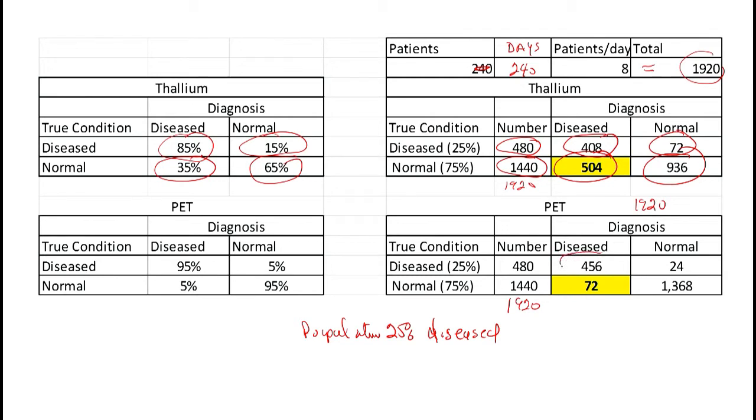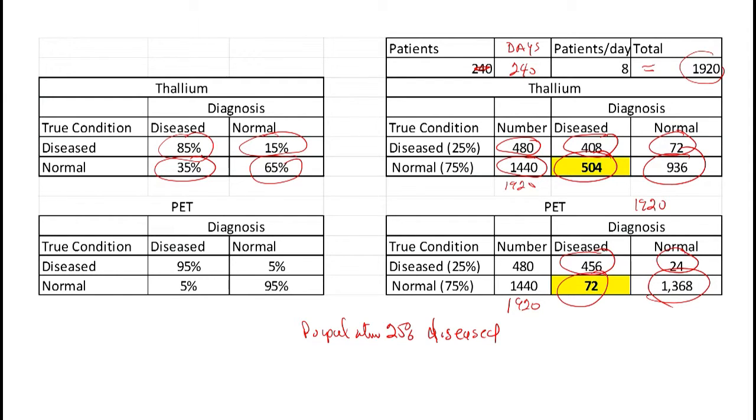The PET scan is going to diagnose 456 patients as being diseased correctly, and 24 people are not going to get scanned who probably should. On the other hand, out of the 1,440, it's going to diagnose 1,368 correctly as being normal, and only 72 are going to wind up having a scan when they're normal, where it's wrong.